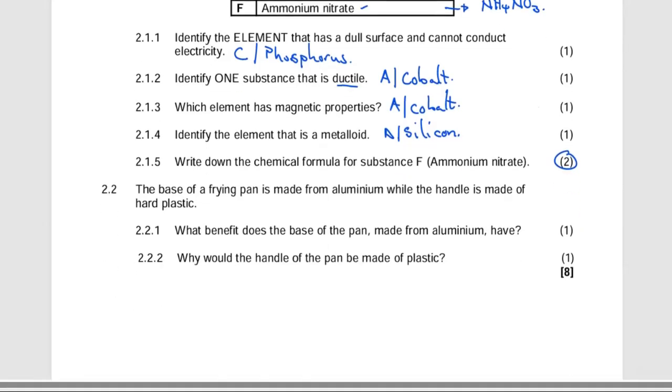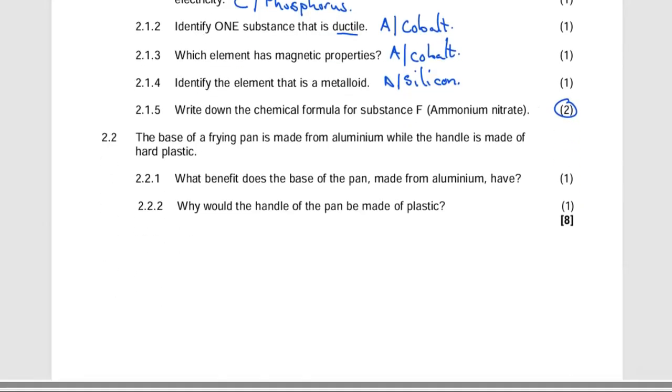Then moving on to 2.2, it says the base of a frying pan is made from aluminum, while the handle is made of hard plastic. Now we're asked, what benefit does the base of the pan made from aluminum have? So why do you think that is?